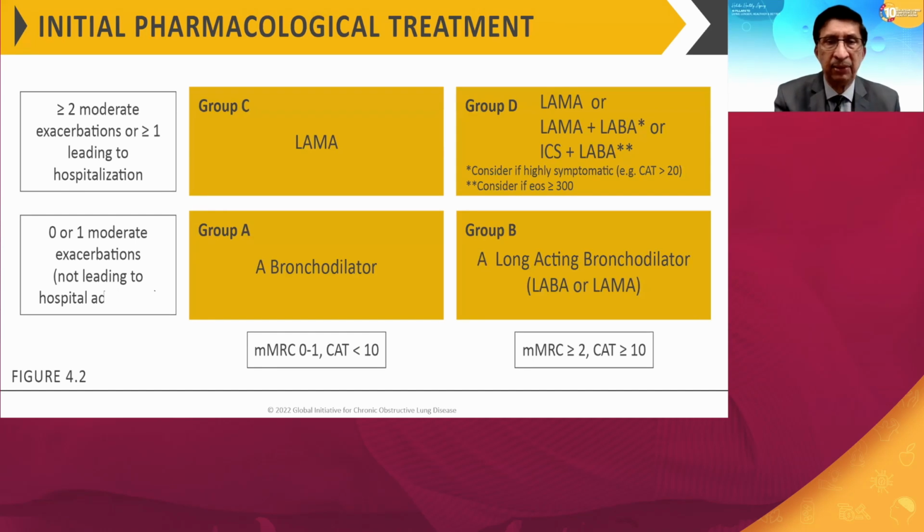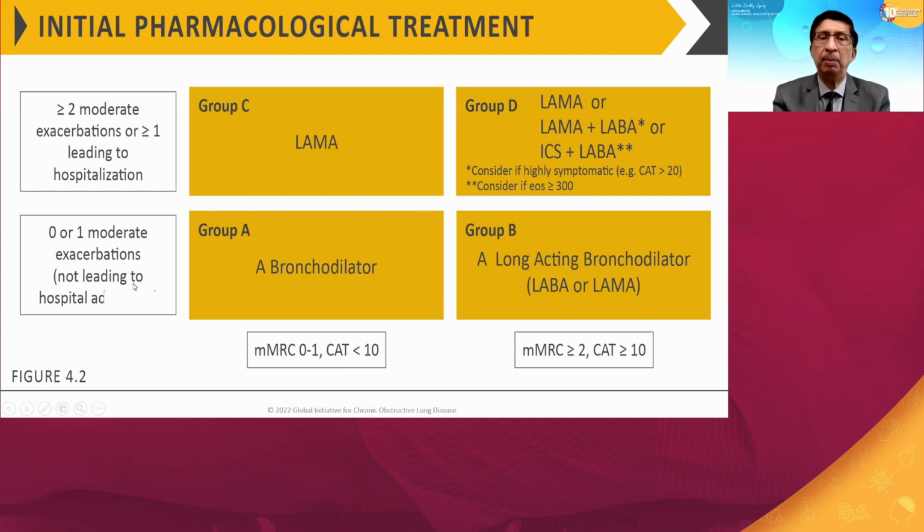We are now classified into A. The A group, as I have told you, is a mild group where the MRC classification is less than 1, maximum 1, and CAT levels are less than 10. From B, it starts increasing. MRC is more than 2, and the CAT levels are more than 10.